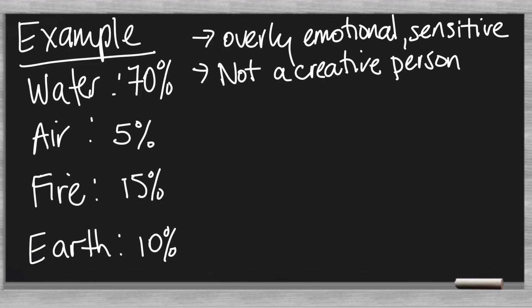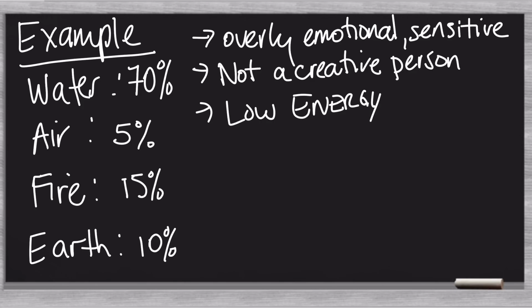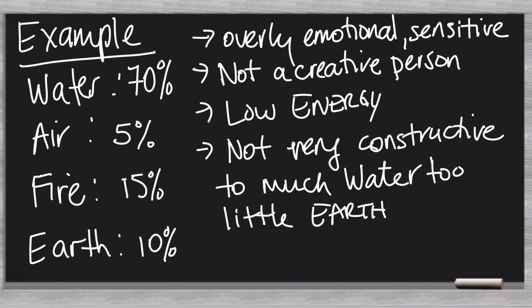They're not a creative person because you see their air is very low. They're not social. They have low energy because their fire is also very low, and they're not very constructive. That's because they have too much water.